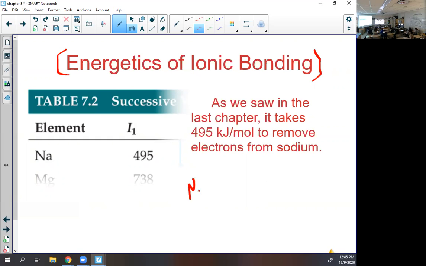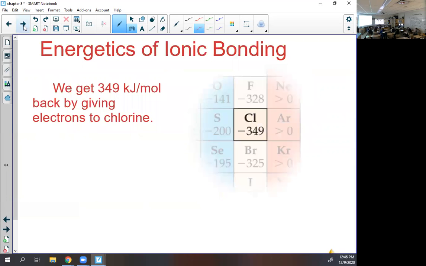So if I have Na with its valence electron, even though a metal's a loser, it still takes energy to remove it, because we're taking something negative and moving it away from something positive. So it always requires energy, and it's called the ionization energy. This is not very much in the long run, but we have ionization energy, which is 495.